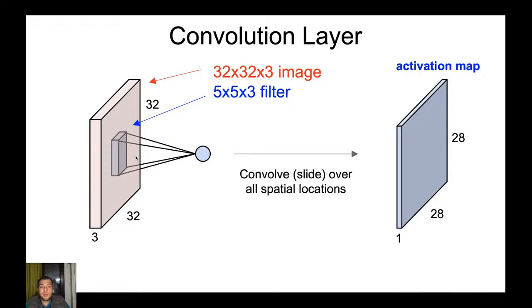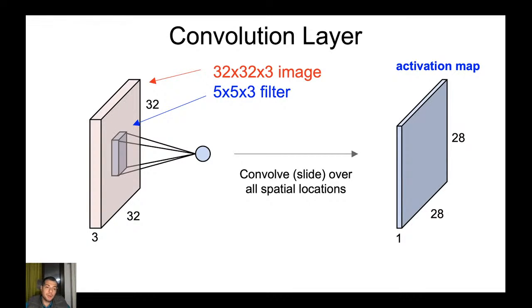Since we apply the filter in every possible location over this image, we obtain an activation map, which is formed of all the outputs resulting from applying the filter in every location.